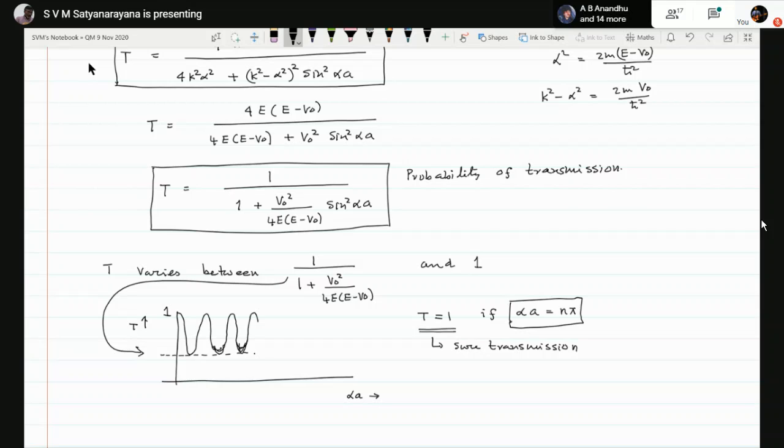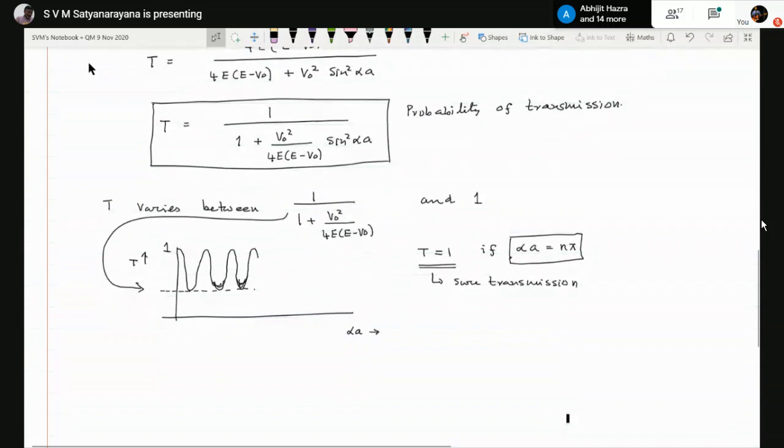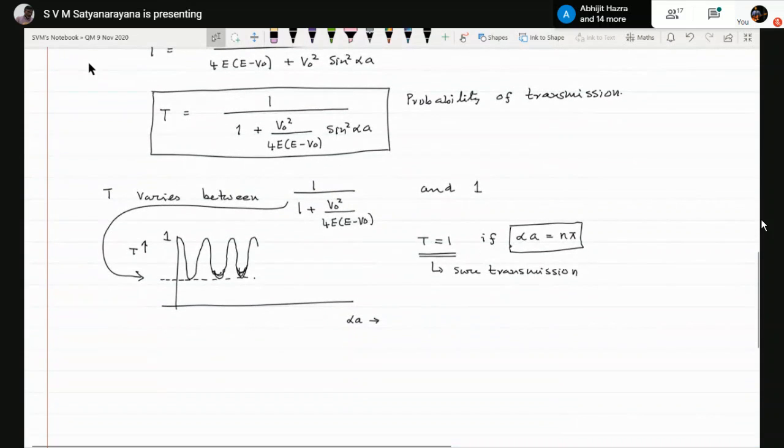Now you can ask a question: this is what is called resonant transmission. Okay, resonant transmission.